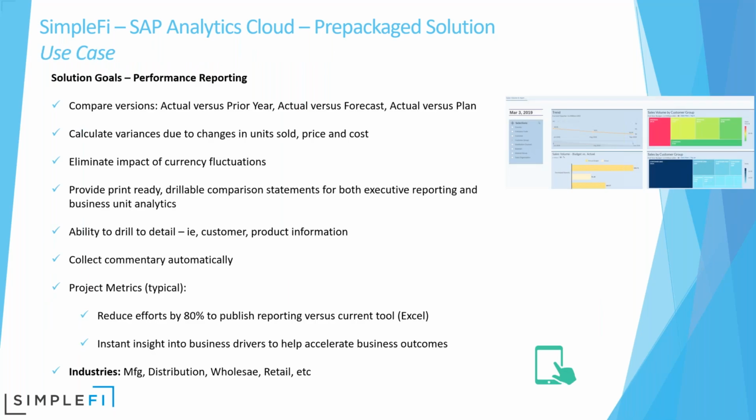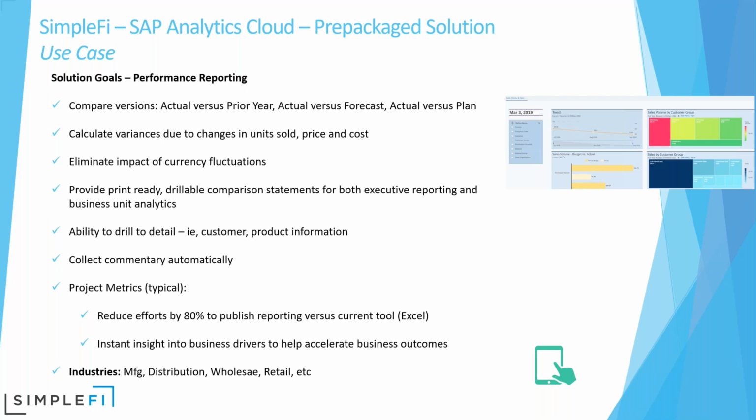So again, what this solution allows you to do is actually compare in an automated fashion your actual versus your prior year, actual versus your forecast, actual versus plan, and calculate the variances with those different comparisons that are due to, for example, a volume variance, for units sold, for price, changes in underlying standard costing if you're running that multiple times a year.